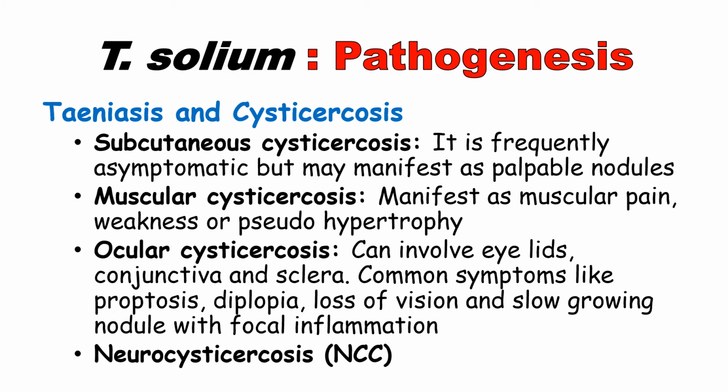Your NCC or neurocysticercosis may exist in 4 morphological stages. It will start as the vesicular form, meaning it becomes a cyst in your brain. Gradually, it will develop into the necrotic stage, causing tissue damage.